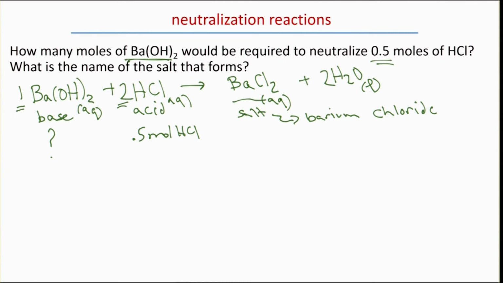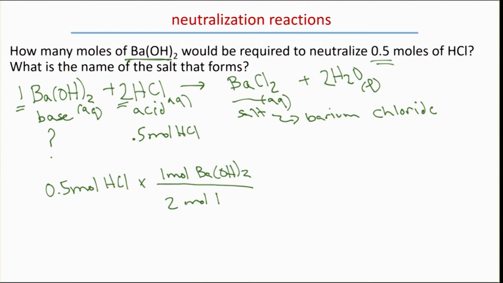You probably could do this in your head, but just to set it up to show with units canceling, if you start with 0.5 moles of HCl for every 1 mole of barium hydroxide, you needed 2 moles of HCl to react. And you can see that from the formula. There's 2 OHs for every 1 barium hydroxide, and there's 1 H+ for every 1 HCl. All right, so moles of HCl cancel when you divide by 2, and you get 0.25 moles of barium hydroxide.